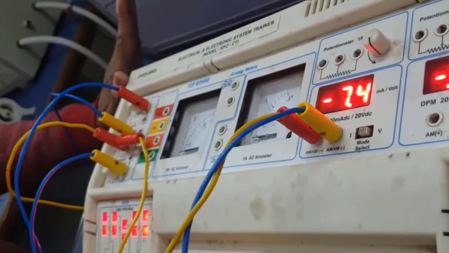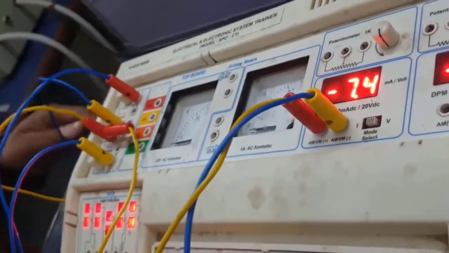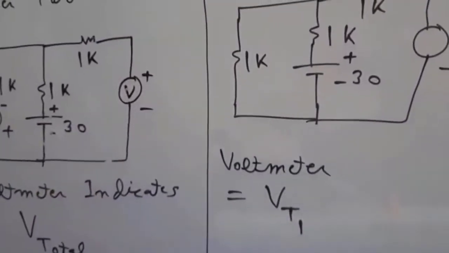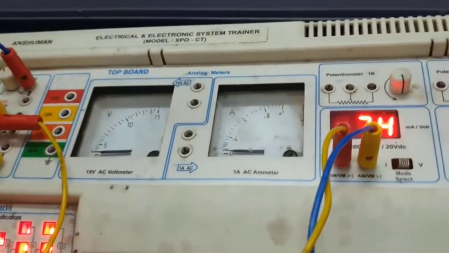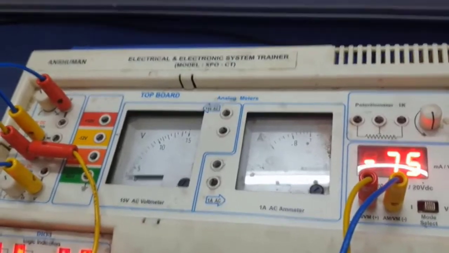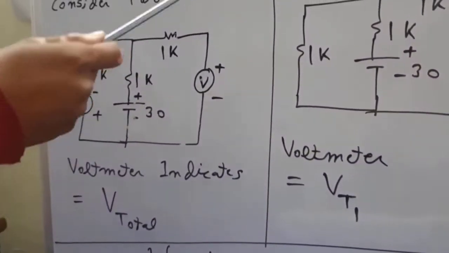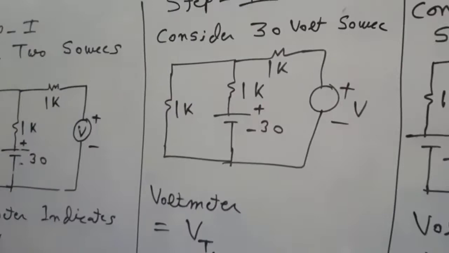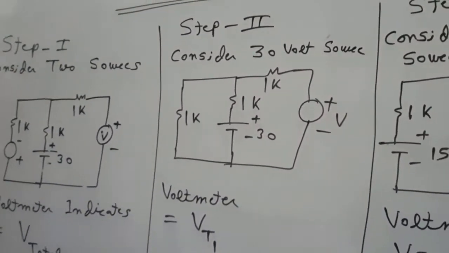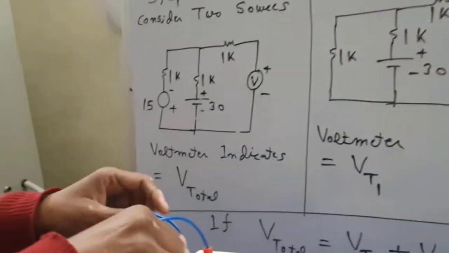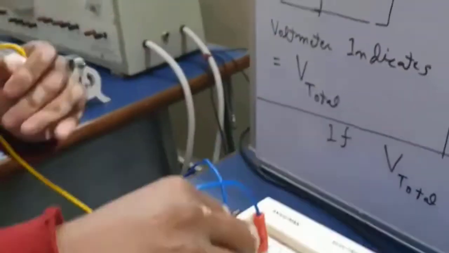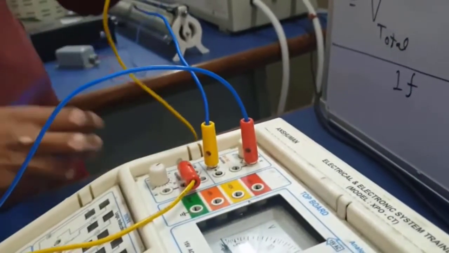So when both batteries are present, the voltmeter reading is 7.5. In the second step, we switch off and disconnect one source, either the 15 volt or the 30 volt, and consider only one source at a time. Suppose we disconnect the 15 volt source and use the 30 volt source.